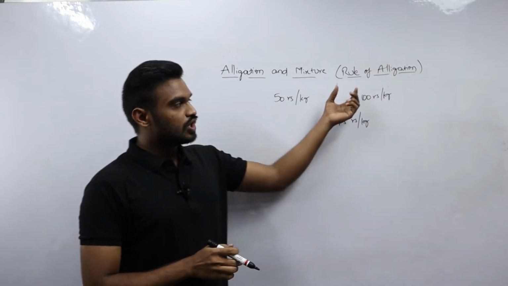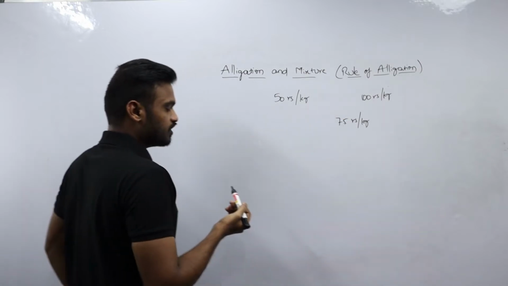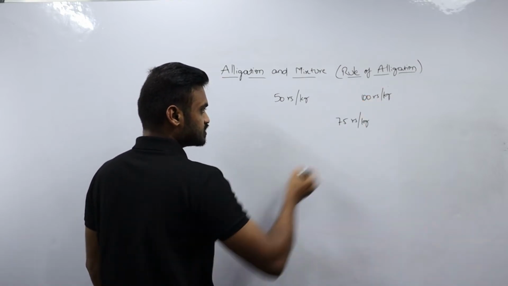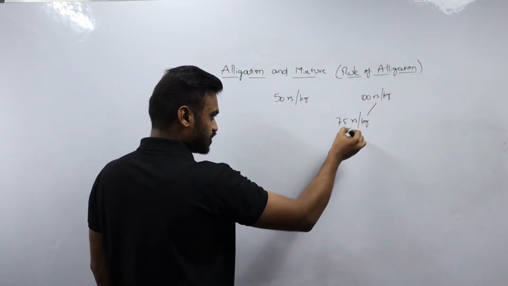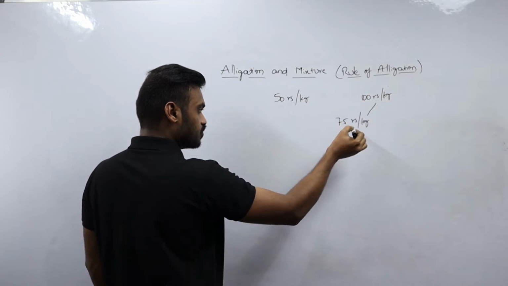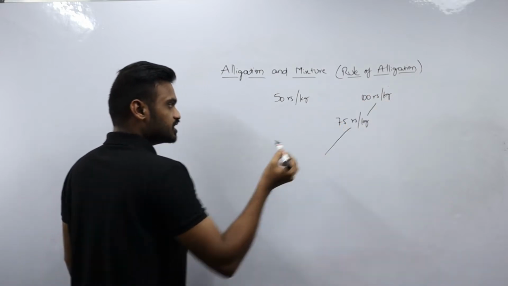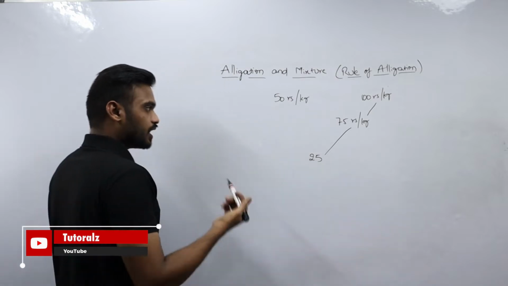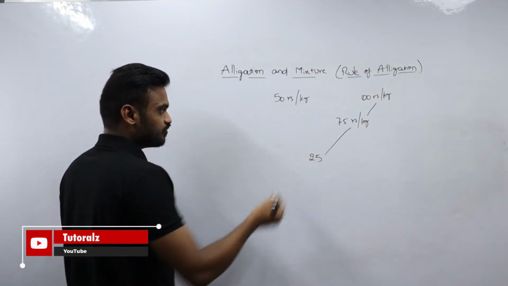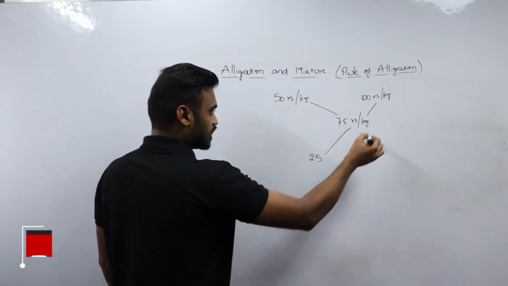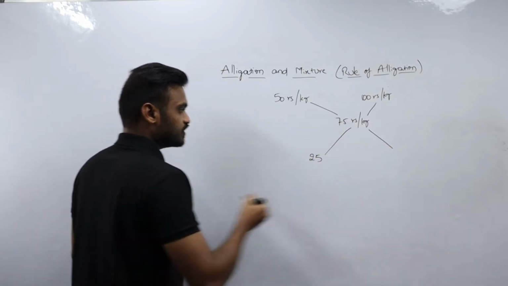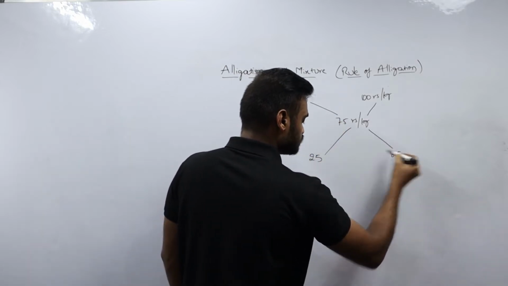See here, the Rule of Alligation is, we first need to find the difference between the higher price of rice and the mean price. The difference is 100 minus 75, that is 25. And we also find the difference between the lower price of rice and the mean price, which is 75 minus 50, that is 25 rupees.